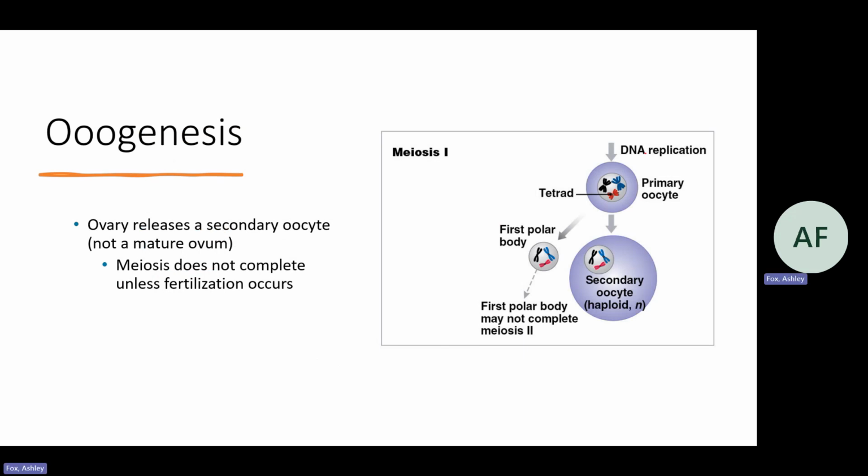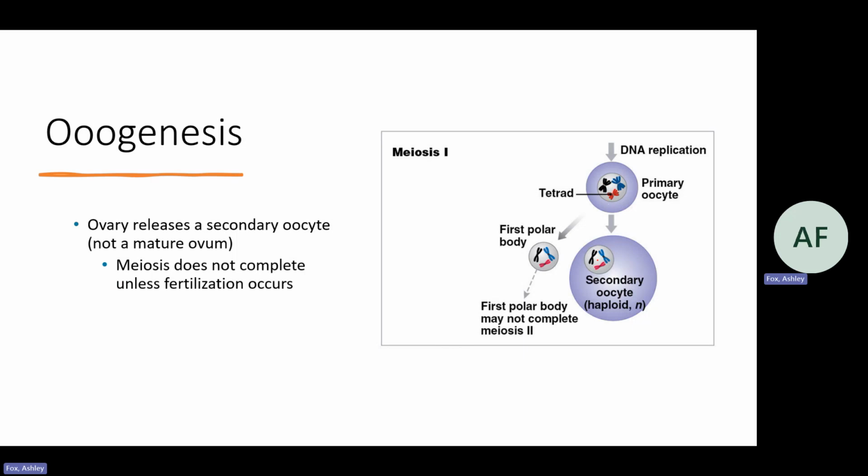So this is showing you again, primary oocyte. Remember all the steps of meiosis. So pretty much it's frozen in that arrangement of tetrads. We've replicated our DNA and they are all arranged in groups of four. And so then it's frozen.